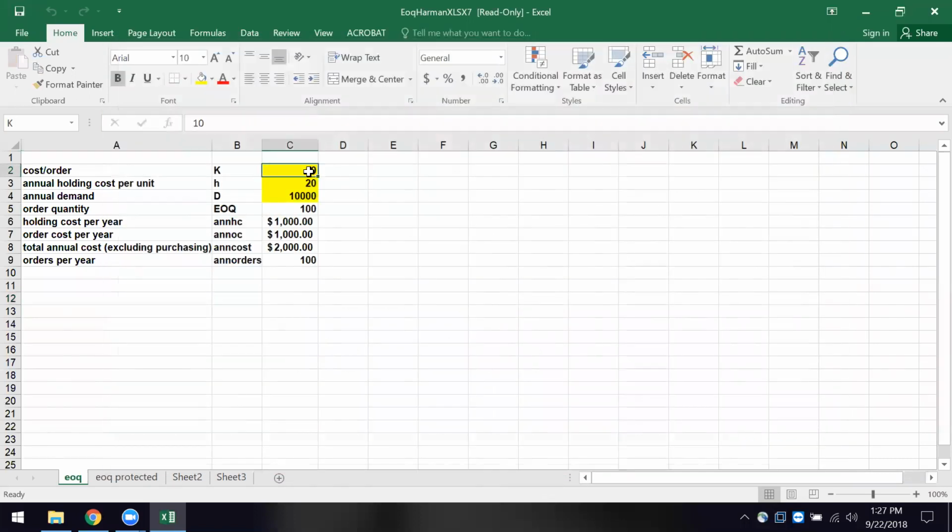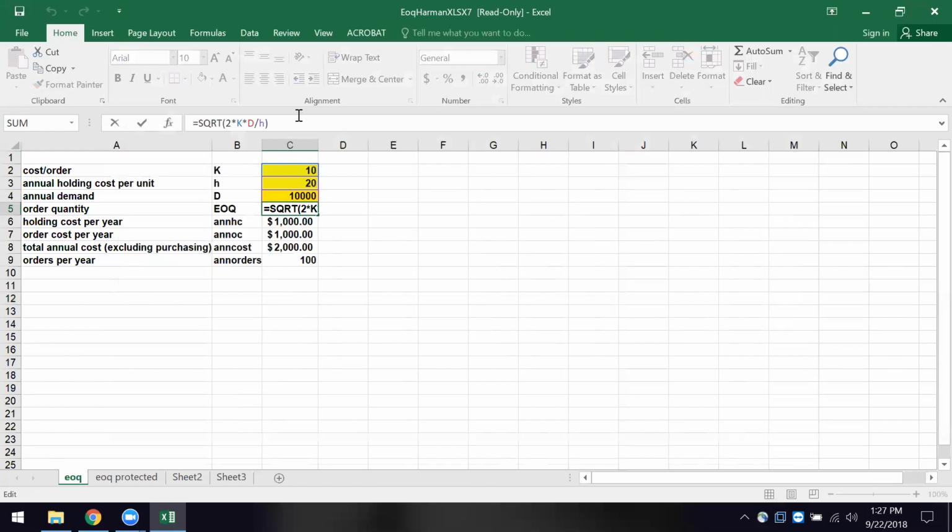And here's the file. We have the cost per order. We have the annual holding cost per unit. And here we have the annual demand. All right, and we have the order quantity. Now let's look at that for a moment. And this is the EOQ, as they show us here in column B, cell 5.